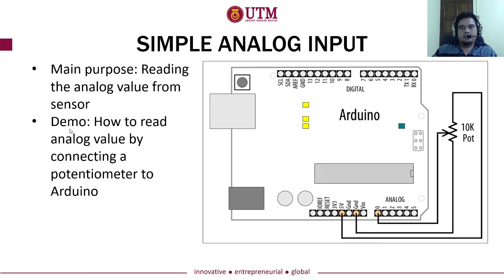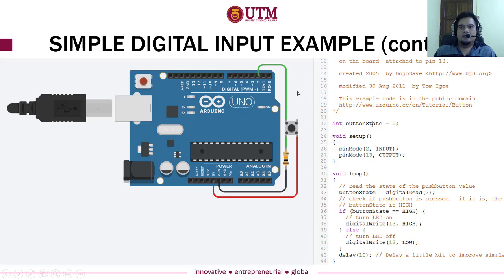But the digitalRead we discussed in the previous example reads the digital signal only. That's why it can only accept either 0 or 1, representing 0 or 5 volt sent from this wire to port number 2.